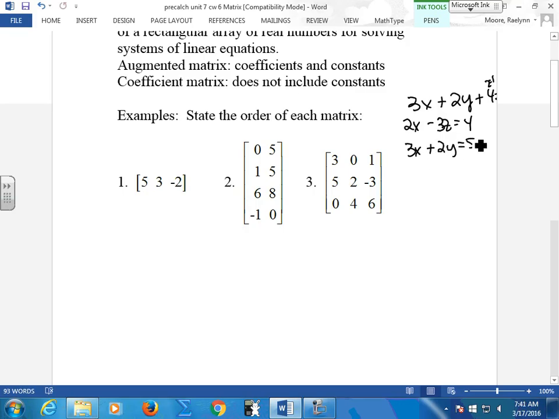Okay, we have 3 variables. You're going to have to line these up. You're going to have to put a 0 in for your y, and a 0 in for your z. They always have to be lined up. They have to be accounted for. So we're just going to put zeros in there as a space holder. That's where your zeros are coming from, if that didn't have one of those variables.